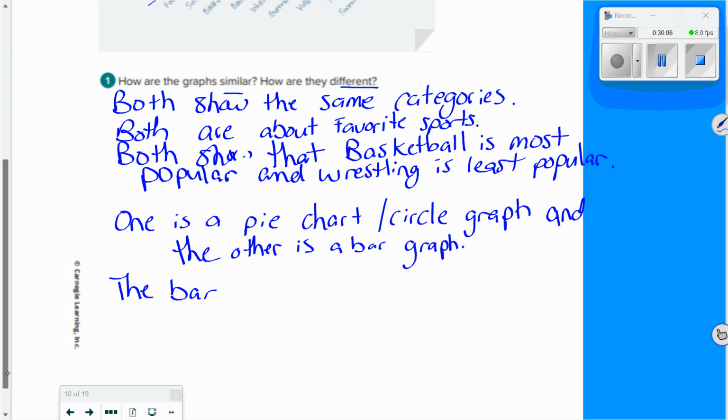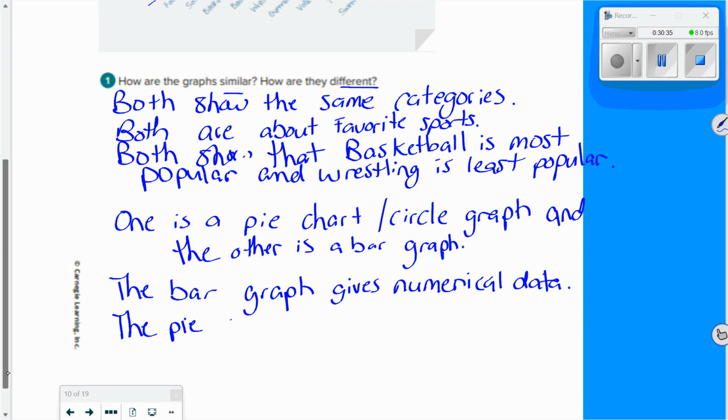The bar graph gives numerical data, meaning it tells you something in numbers. Yes? Yes. Anything else? That's a good observation. I hadn't heard that one yet.